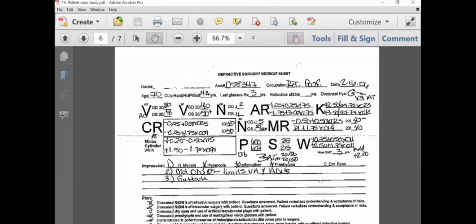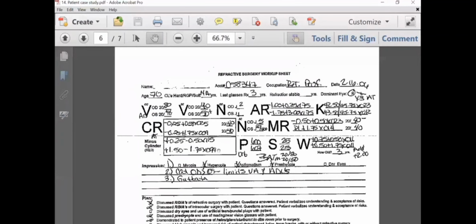Those also measure anterior and posterior cornea astigmatism. So in most cases, only the anterior cornea astigmatism is represented.